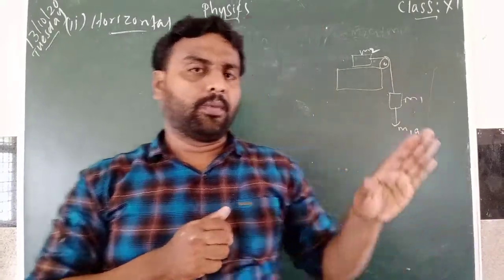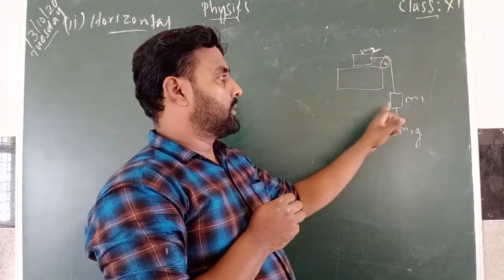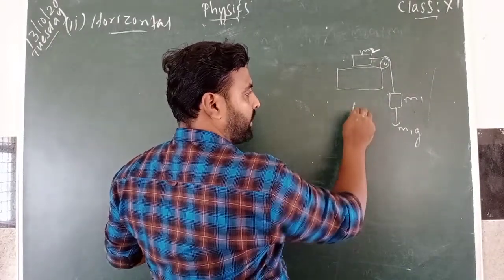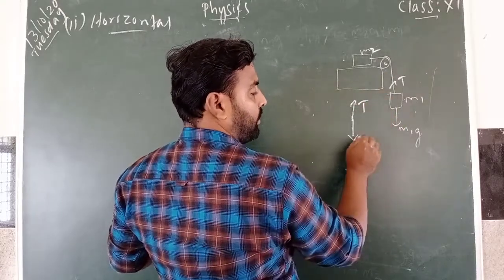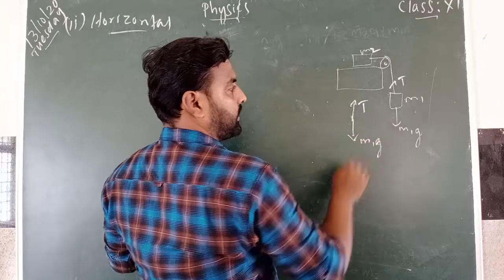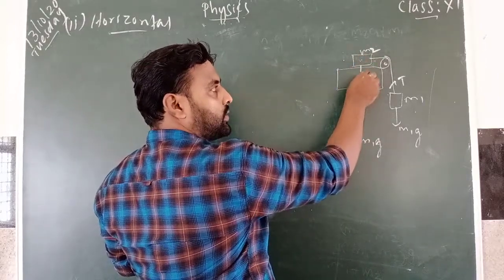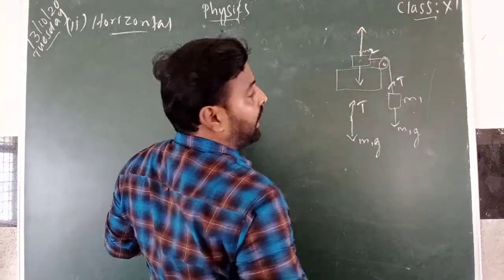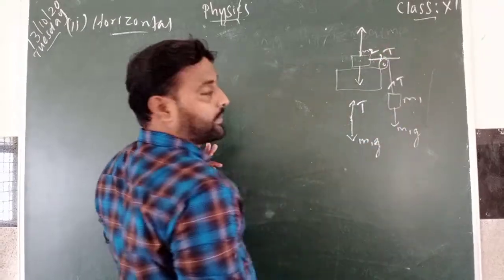First, you have to draw the free body diagram. For mass M1, how can you draw it? Upward tension, downward M1G. For mass M2, there is a downward force, an upward force, and a tension force.